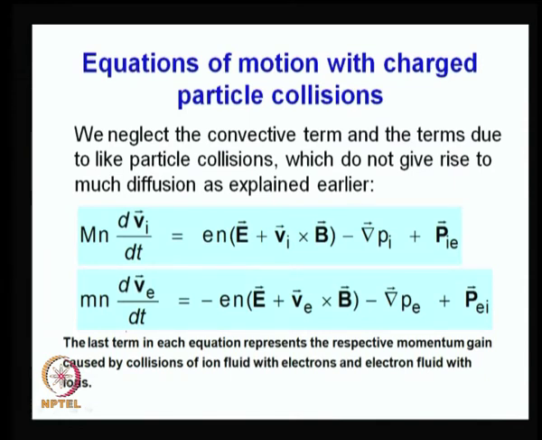With this, we can now once again try and derive the coefficient of diffusion in a fully ionized plasma. Once again, we write the equations for both the species. m n dVi upon dt is equal to e n E plus Vi cross B minus grad Pi plus Pie, and similarly the equation for the electrons.